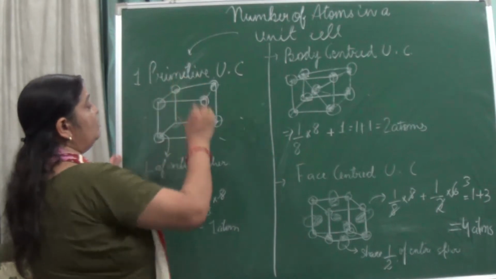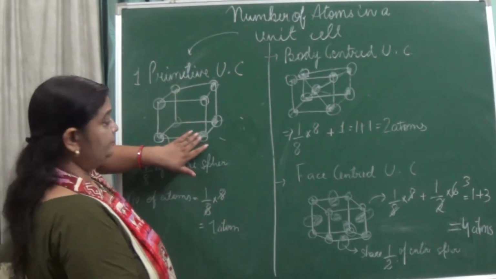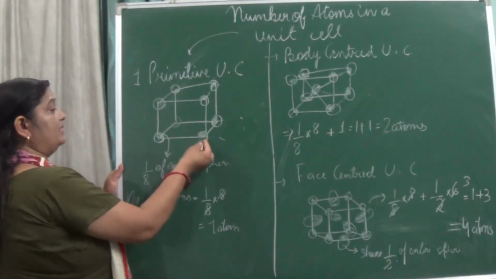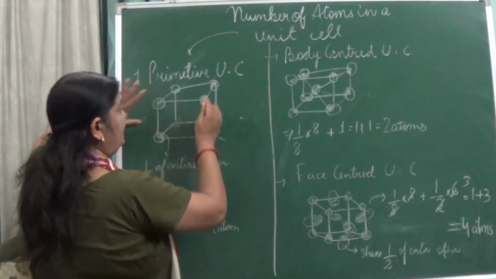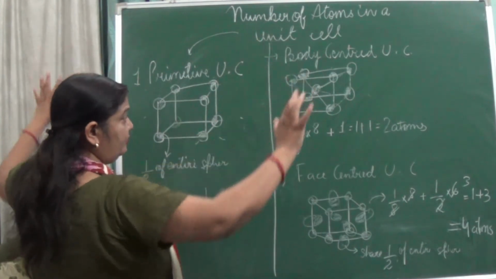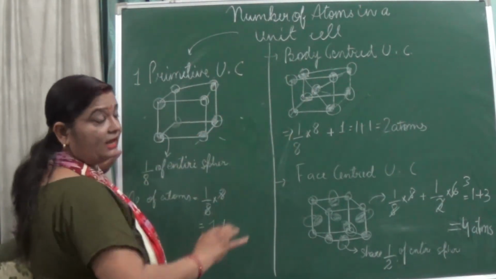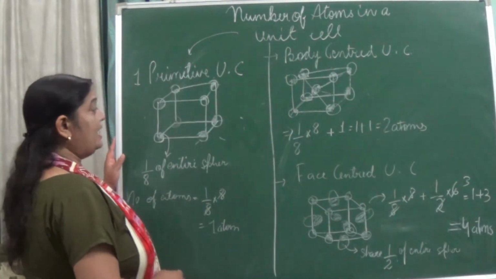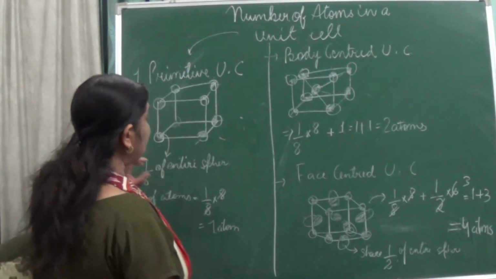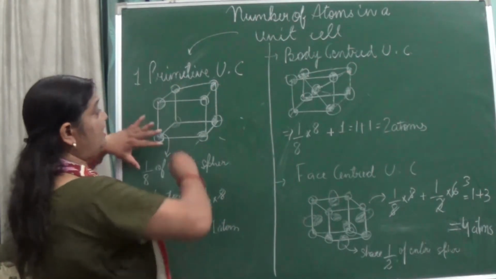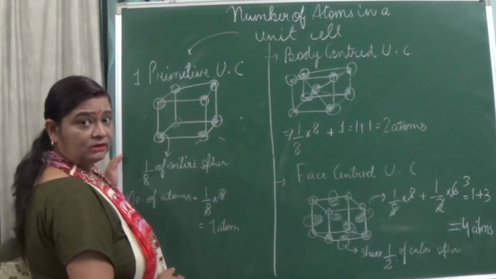Now this atom is sharing how much? Only one portion of it, isn't it? There are 8 atoms, and different unit cells combine to form the lattice. So only one portion of this will be present, because it is joined to other 8 unit cells.